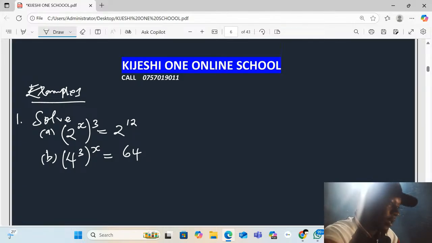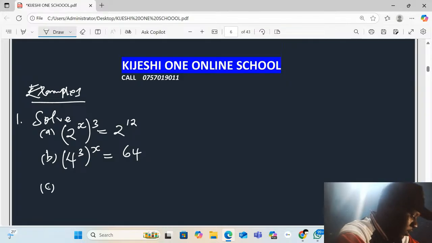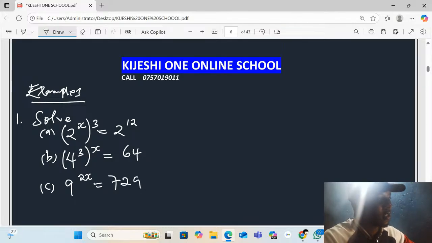Then we have the third one, C. 9 raised to 2x is equal to 729. That one. Now we can look at those 3.